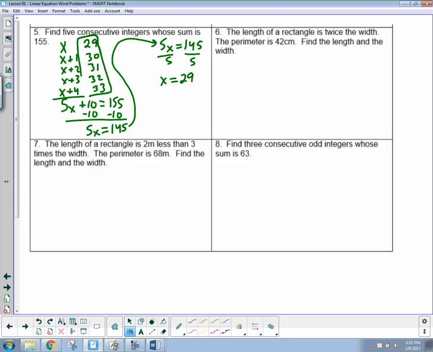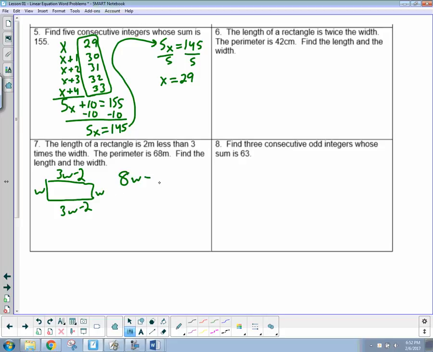All right, number 7. Length of a rectangle is 2 meters less than 3 times the width. The perimeter is 68 meters. Find the length and width. So top, 3w minus 2. 3w minus 2. W. Add them up. 3, 4, 7, 8. 8w. Minus 2, minus 2, minus 4. Should equal 68.